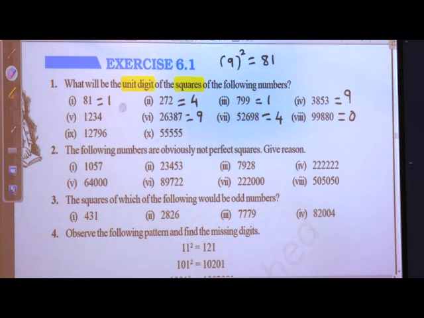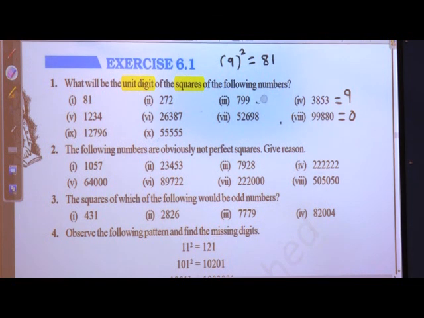Now, let us move to the next question. What is the next question? The following numbers are obviously not perfect squares. Give reason. See what they are saying. The following numbers are obviously not perfect squares. There itself they have given the explanation that they are not perfect squares.